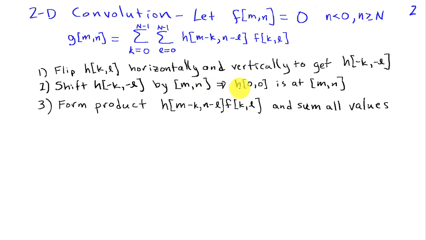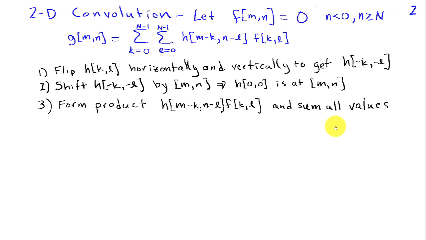And what that means is that h of 0, comma, 0 is located at indices m, comma, n. So whatever value there was at 0, comma, 0 in the original h now shows up at m, comma, n. Then we form the product by multiplying this flipped and shifted image times the original image. We form that product and then add up all the values in the product to get our convolution result.